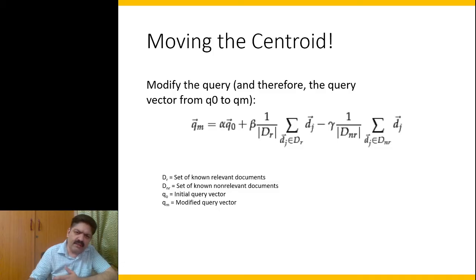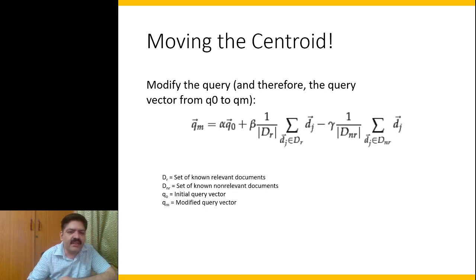So what are we saying here? This essentially translates to adding some kind of weighted terms to my query vector and removing some weight from the terms of my non-relevant documents, right?